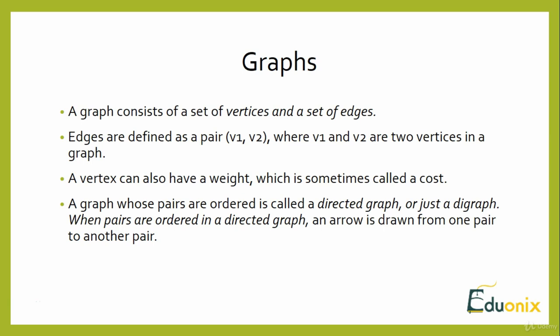So starting with the first section, a graph, as mentioned here, consists of a set of vertices and a set of edges. A graph is an abstract model of a network structure. A graph consists of a set of nodes, which can be called vertices, and they are connected with the help of edges.